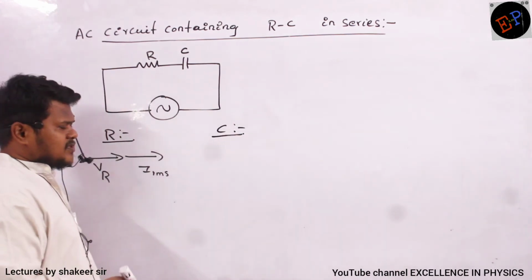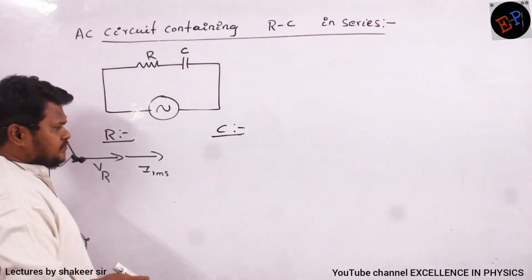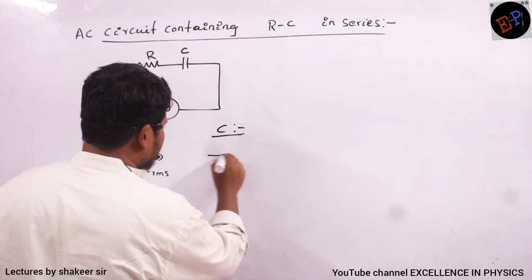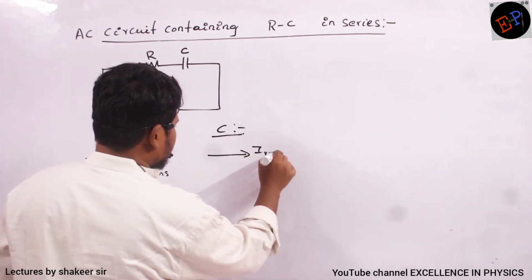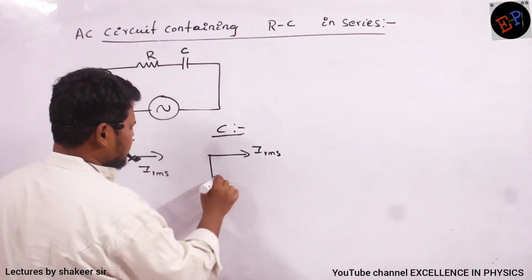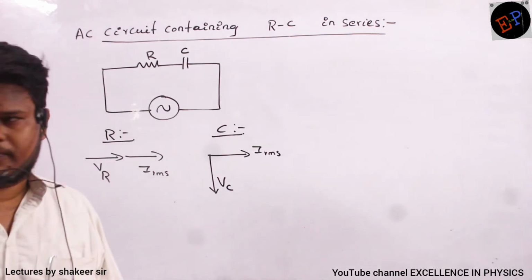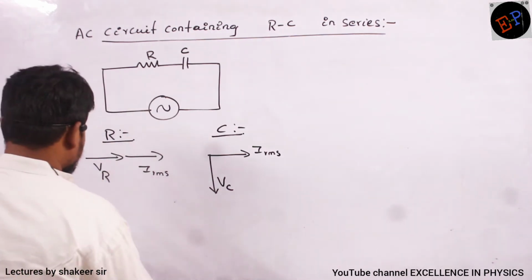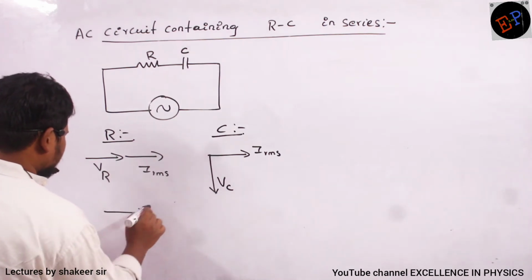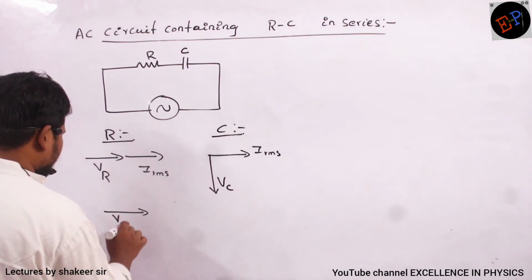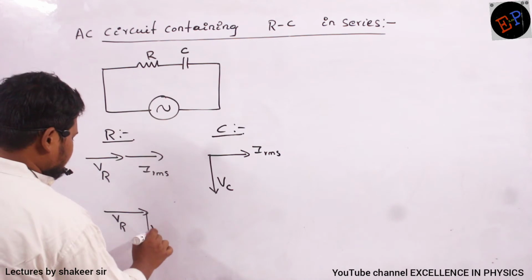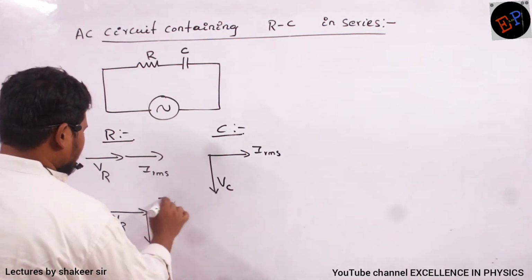For capacitance, which one is leading, which one is lagging? Current is leading, voltage is lagging. So this is IRMS and this is VC. VC means potential consumed by capacitor. Combine both of them. So therefore this is VR and this is VC and this is IRMS.